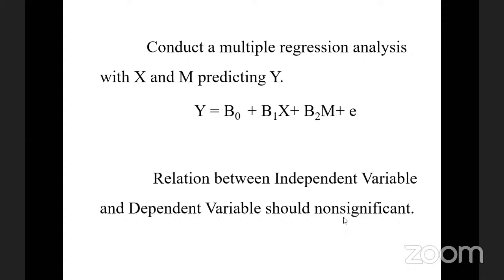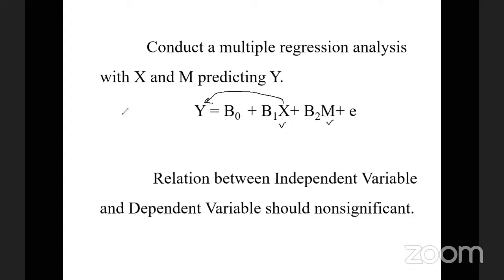So for checking the complete mediation, this is the fourth step, and in this fourth step we take both variables, the independent variable and the mediator variable, simultaneously, and then the relationship between x and y should be non significant.